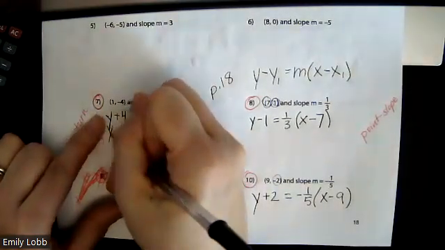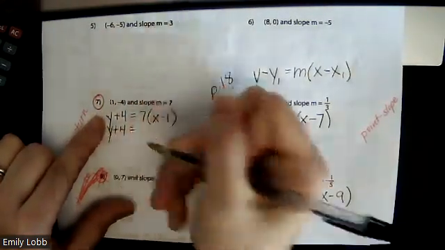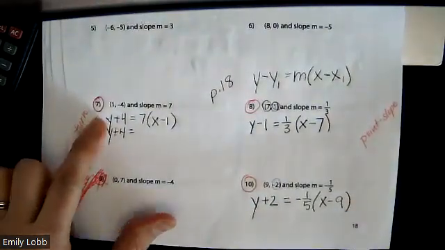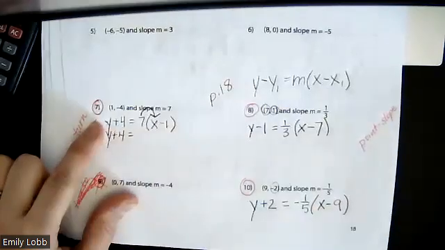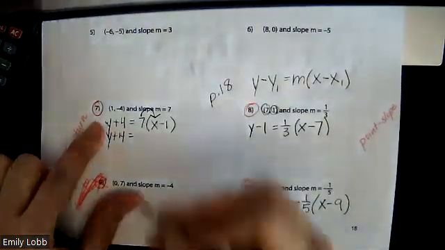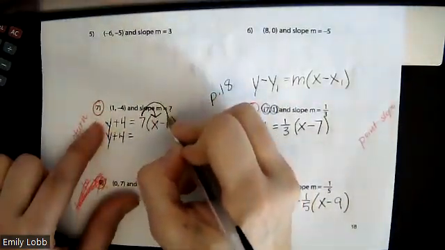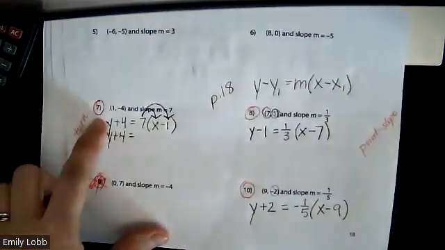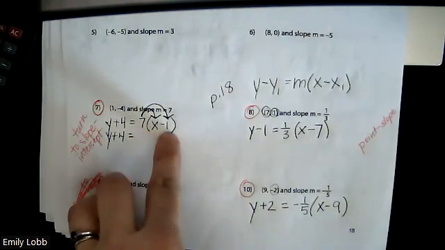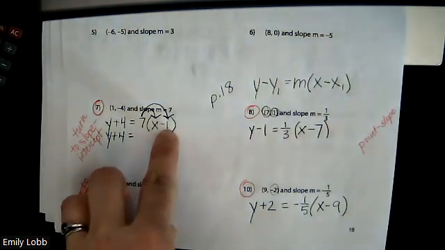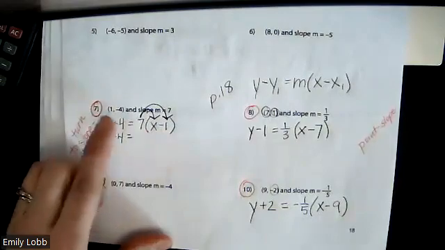So I'm going to bring down the left side. And when I say distribute, a lot of you are doing this, multiplying by the first part, but then you're forgetting to multiply by the second term. So be sure you've multiplied by the first term and the second term for numbers 19 and 20.